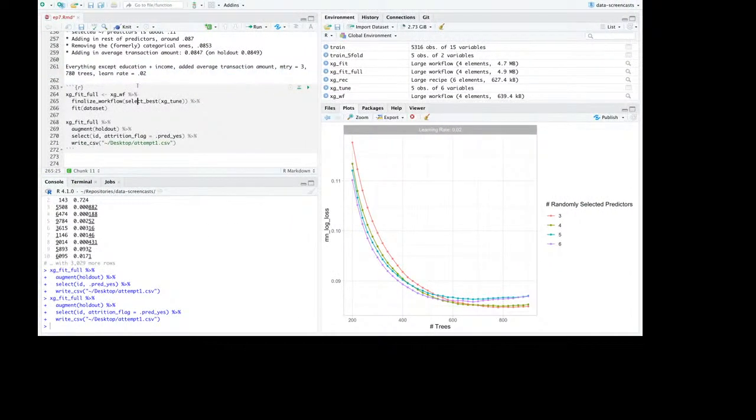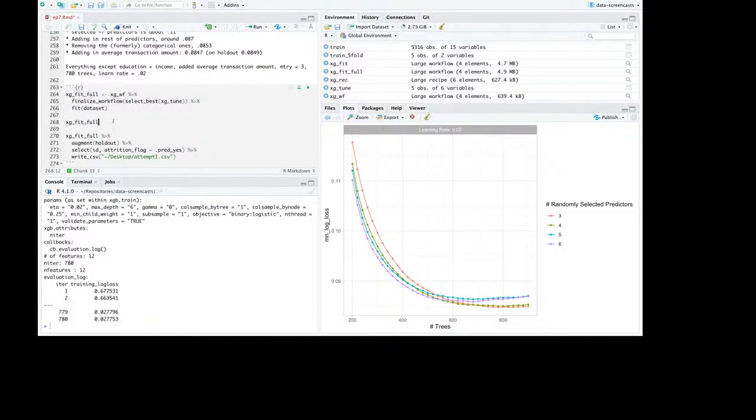Let me take a quick look before I submit to make sure I'm accurate about what's in the model. Actually, do it on XG fit. I'm not going to do it on XG fit full. Extract, parse.